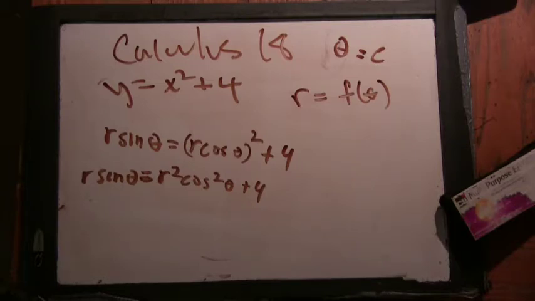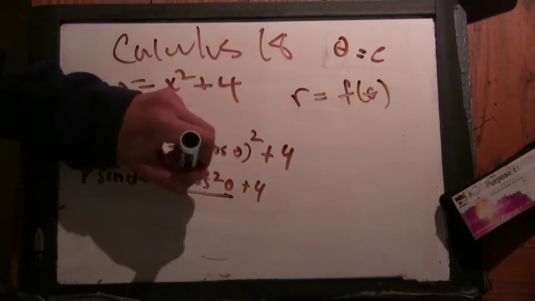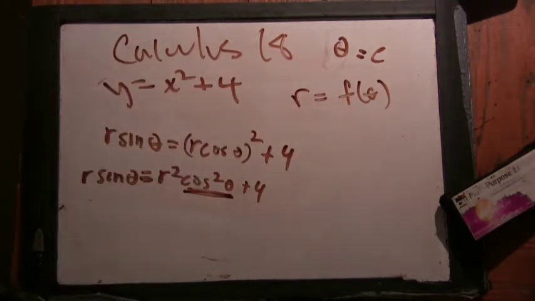Maybe we could treat this as a quadratic in terms of r, with these as the constants. Alright, so what does your equation look like then? Instead of moving the r's to one side, what would you do?